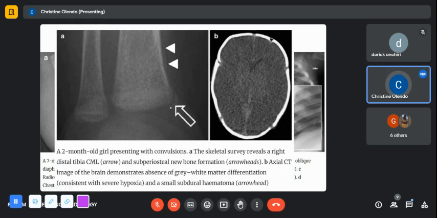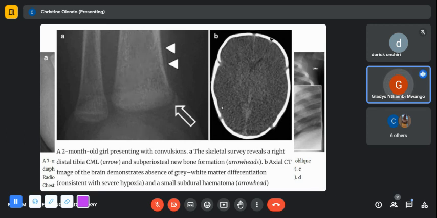On axial CT, there was absence of gray-white matter differentiation, which was consistent with severe hypoxia and a small subdural hematoma, although not properly seeing the subdural hematoma here. You don't quite see that midline shift, but the diffuse hypodensity and loss of gray-white matter is quite alarming. And this is the kind of brain that, if you did an MRI, you may pick up much more.